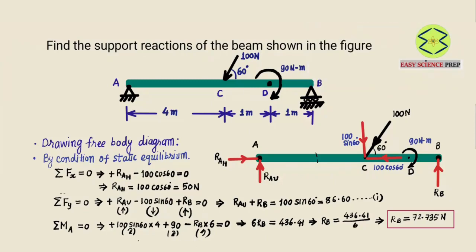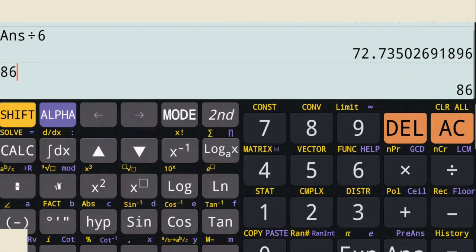Substituting the value of RB in equation 1, RAV, that is the vertical reaction at point A, is 86.60 minus RB, which is 72.735. That gives 13.865.